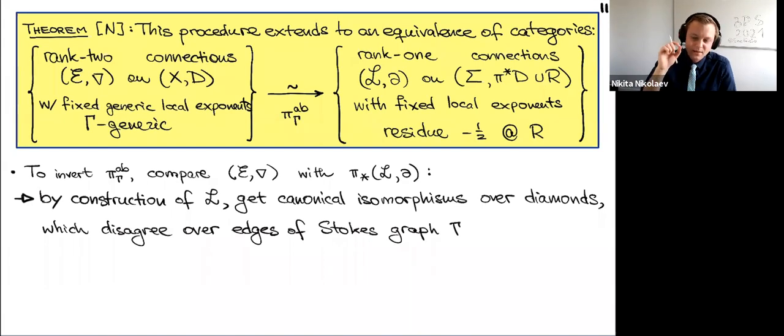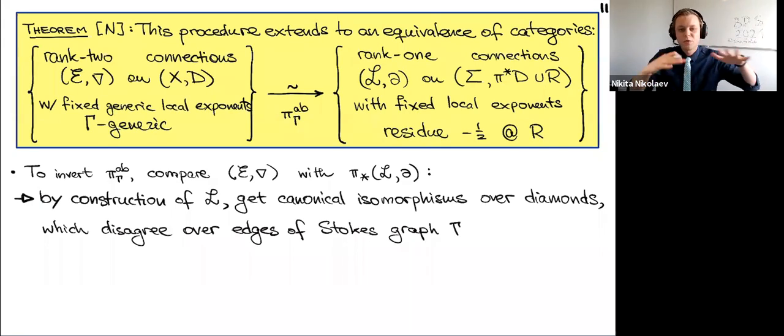But the point is that because of the way we constructed the line bundle L in this very canonical way of keeping track of how it is related to E, through these pieces of the associated graded and so on, you can use that to understand that you actually get canonical isomorphisms between E and the push forward of L over each diamond, just because the push forward of L recovers this split structure of the vector bundle E. So you get these canonical isomorphisms.